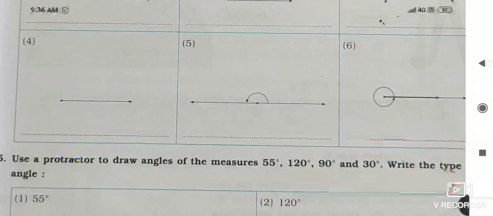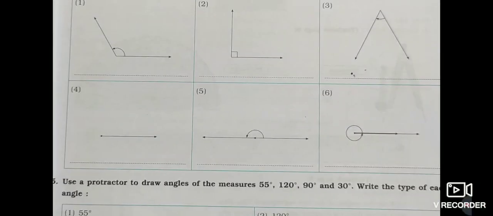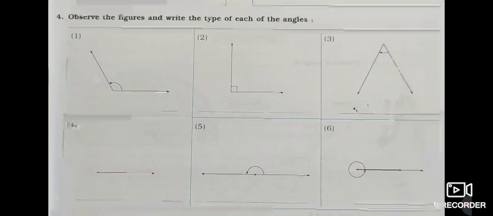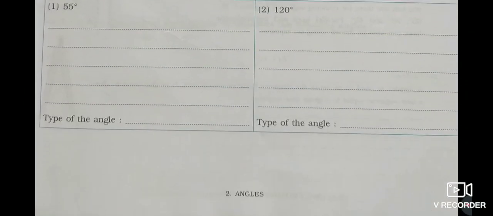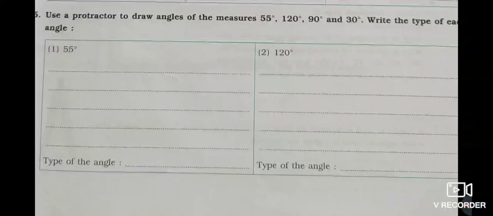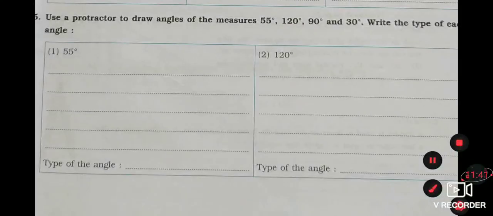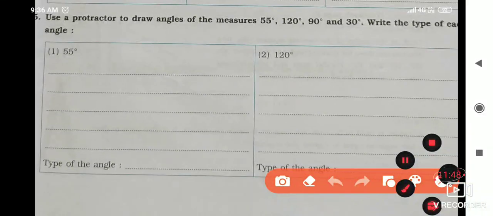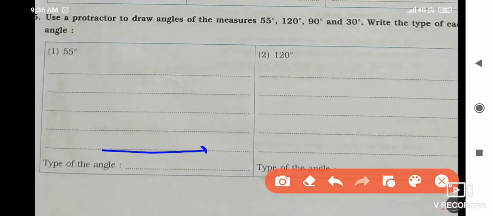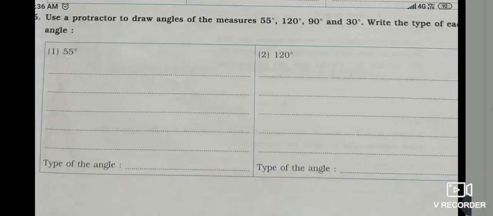Okay, finished. These are the types of angles we have seen, and I taught you how to draw the different types of angles using this. First of all, we have to take an arm, and then put your protractor on this.